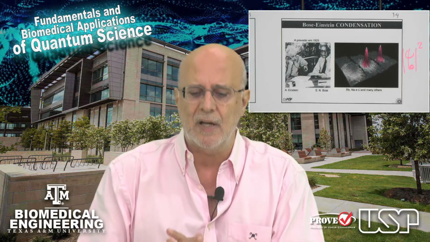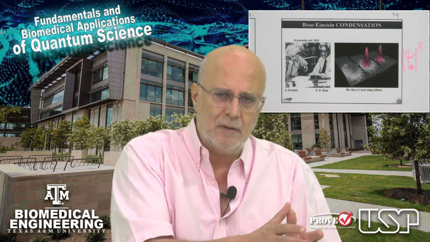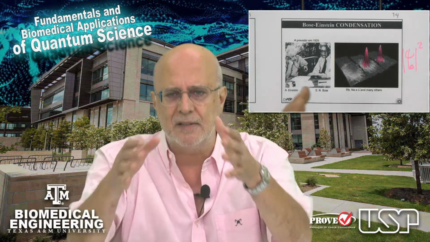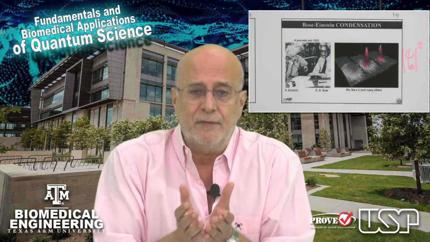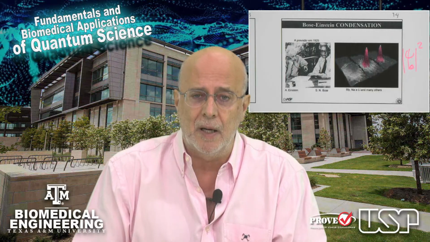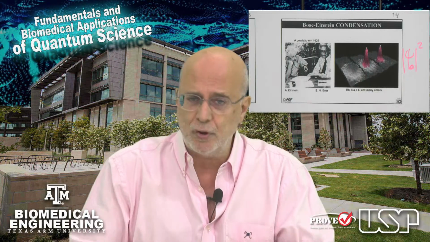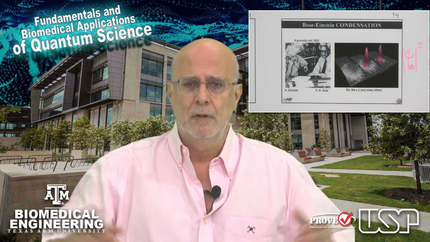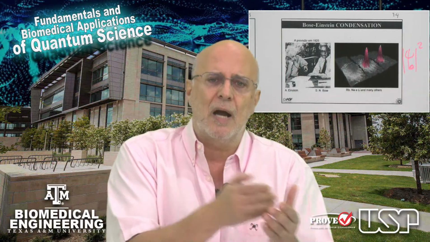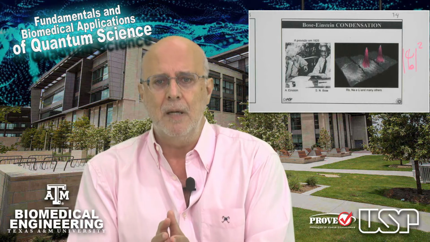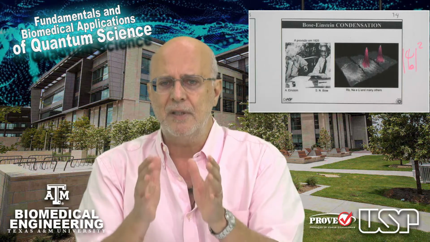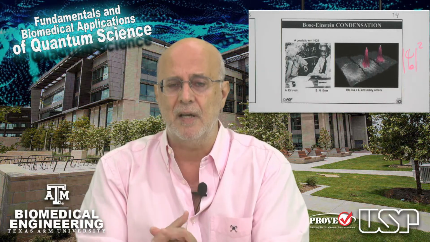So what is Bose-Einstein condensation? It's when all the atoms occupy a single quantum level, and then all the properties of the system change, because normally I have the contribution of so many levels, so many different energies contributing to the system. Here all the atoms are in the same quantum level giving the same contribution.